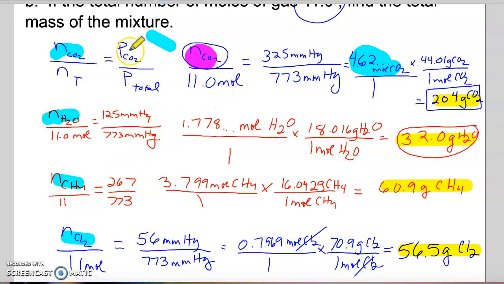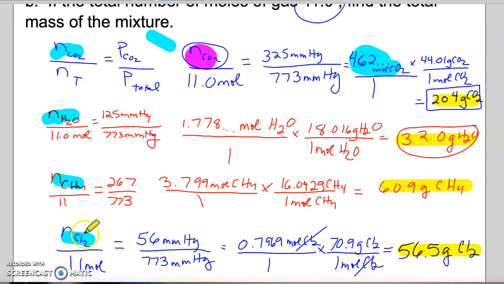Using just algebra here, because we know the total pressure is 773, the partial pressure of each gas, and the total moles. So once I get the moles of water, I'm going to use molar mass to convert to grams of water. Once I know the moles of methane, I'm going to use the molar mass of methane to get to grams of methane.